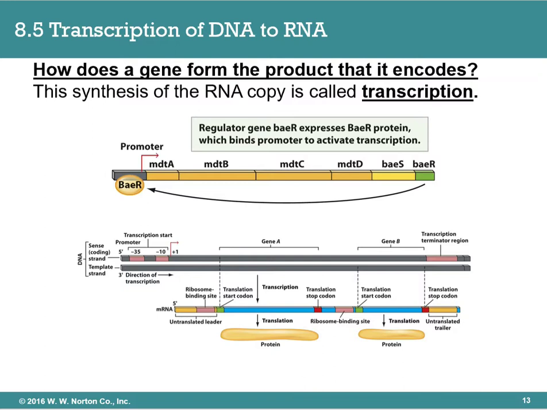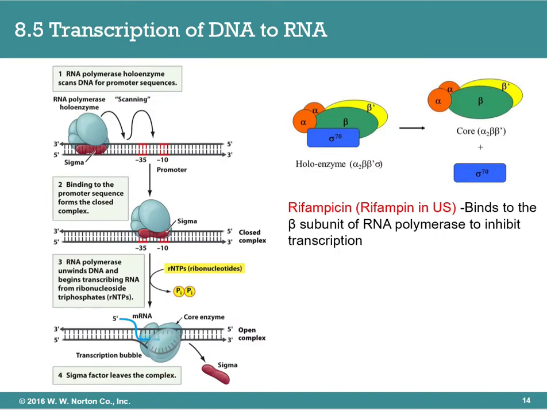Now we're going to go into how we actually make RNA from DNA. It's kind of similar to when we make DNA, where there has to be some molecule adding on the base pairs. That's the idea, but what is happening is that you will have RNA polymerase instead of DNA polymerase.